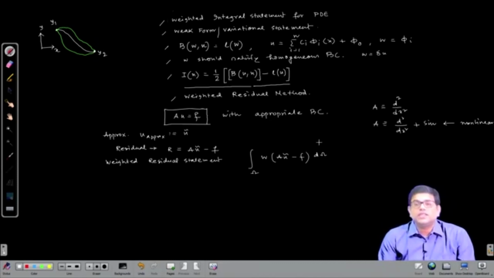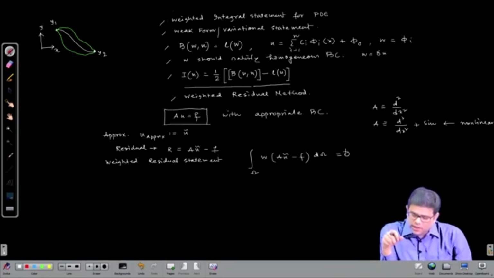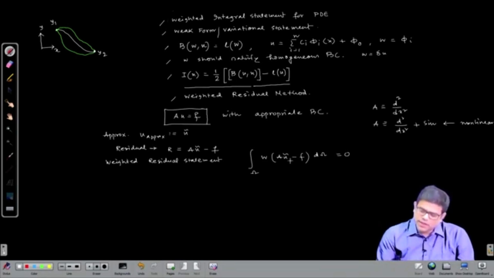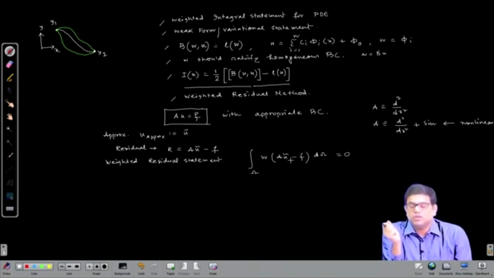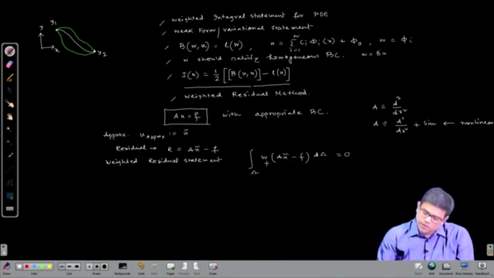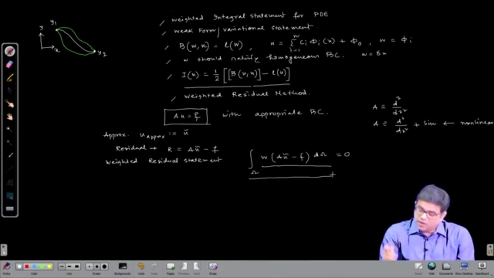Now, this weighted residual statement, or the weighted integral statement, is very similar to what we have learned in Rayleigh-Ritz. Now, I want to make this quantity 0. Look here, w and u tilde are both functions of x. Another way of looking at this weighted residual statement is as the orthogonalization of the error. Why?